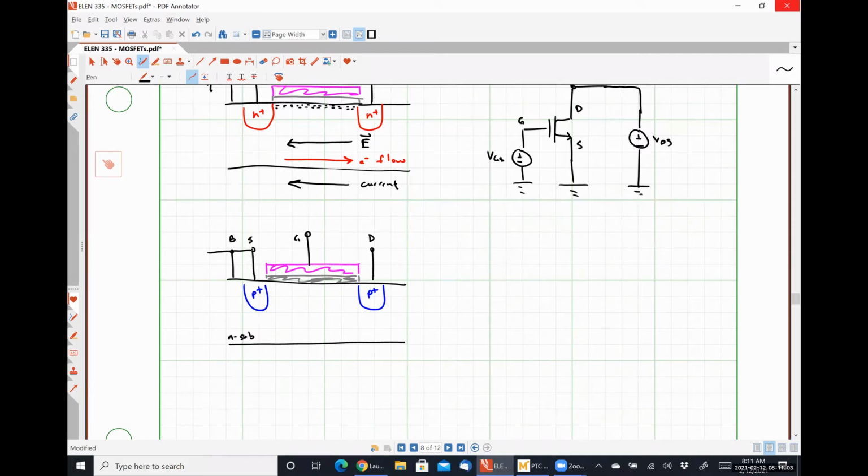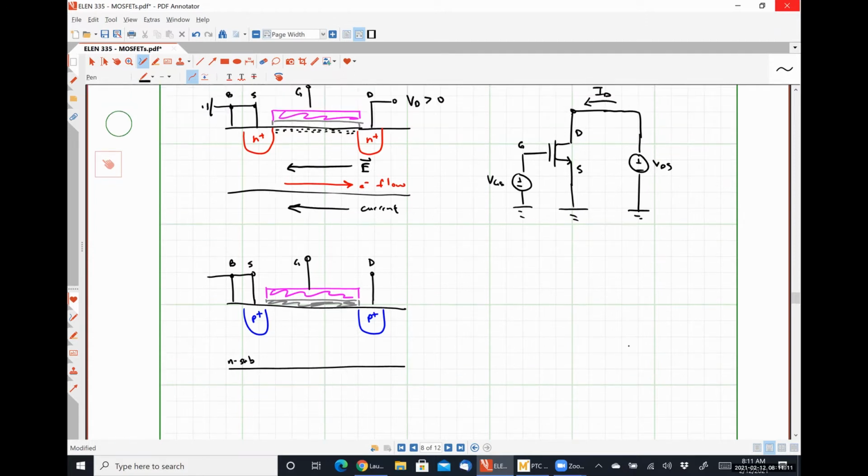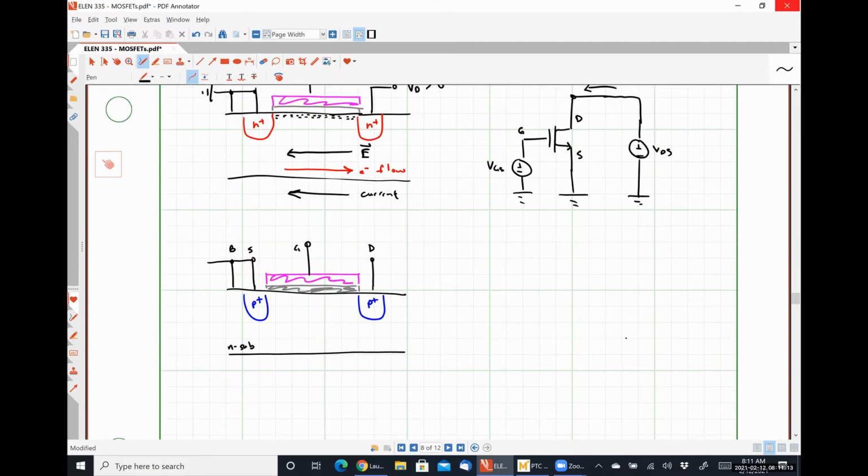So we need to think about how this guy is expected to work based on how our NMOS transistor works, right? So we have an N-type substrate, which means we have an excess of electrons all throughout it.